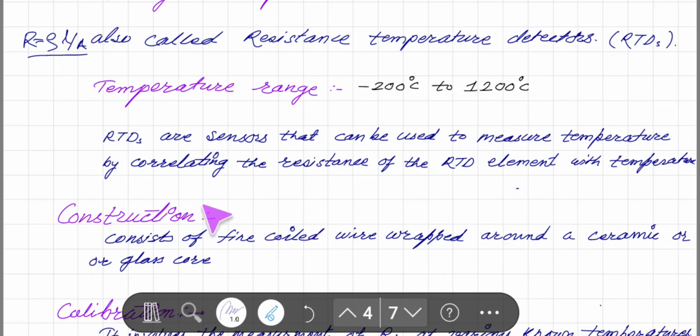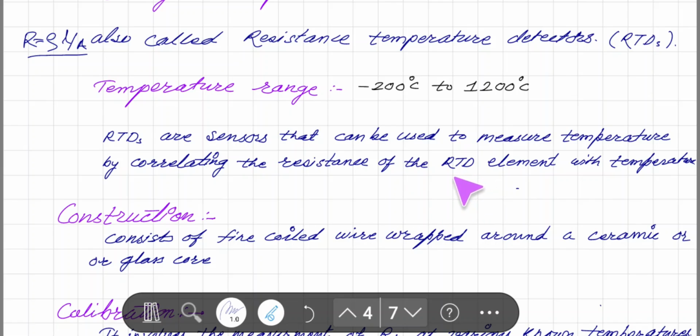Generally the element used for forming these RTDs is made from a pure material, typically platinum, nickel or copper.